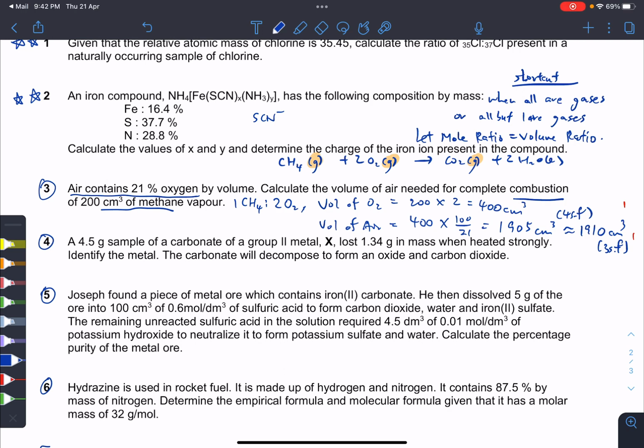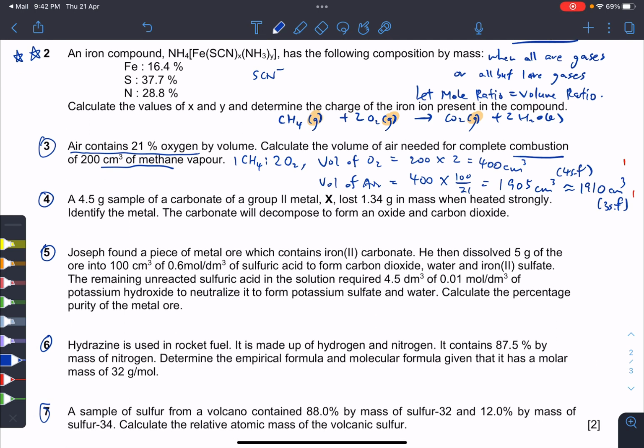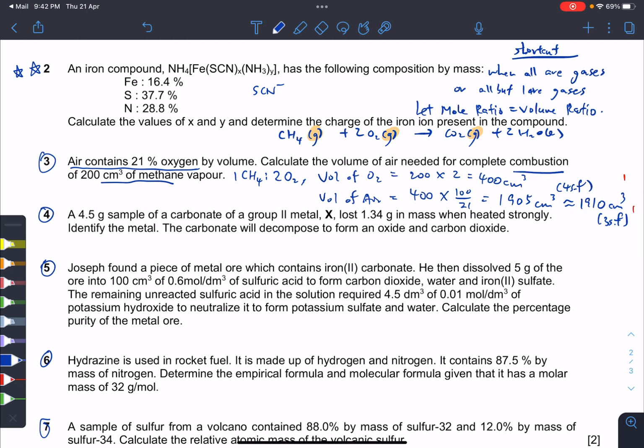Okay, so let's move on to the next question, which is question number 4. Same thing, first step, equation. In this case, you never learned this equation, but they told you in words.